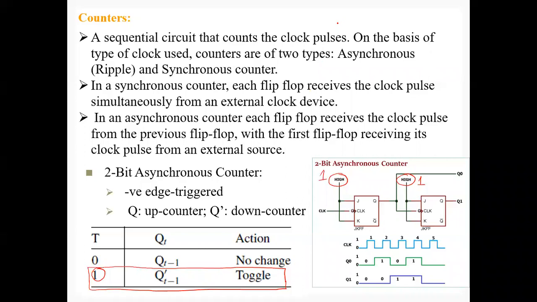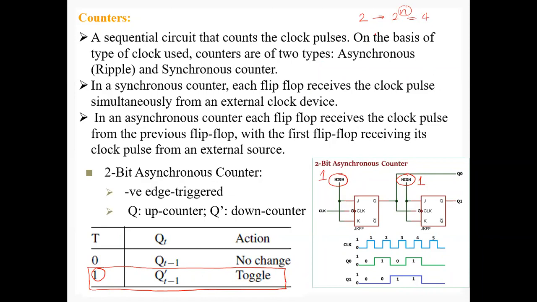Okay, let's say if you have two flip-flops, then the maximum it can count is 2 to the n. N equals 2, right? So the maximum it can count is 4.